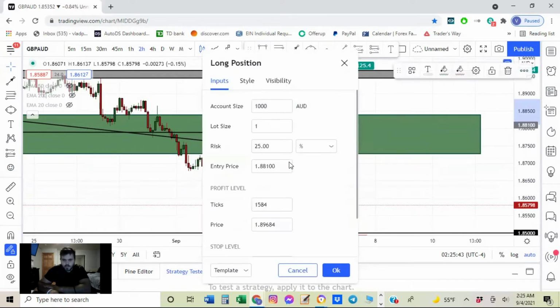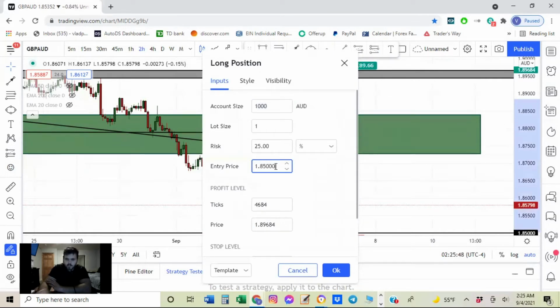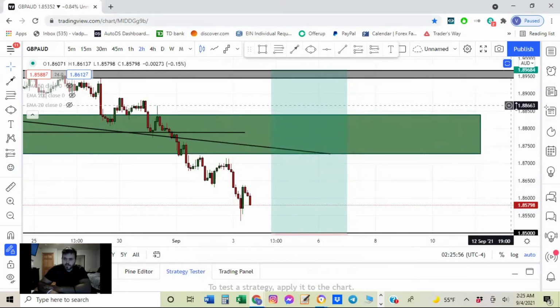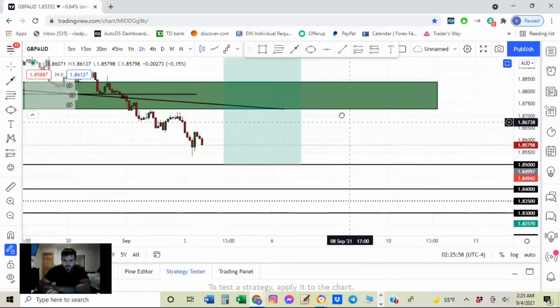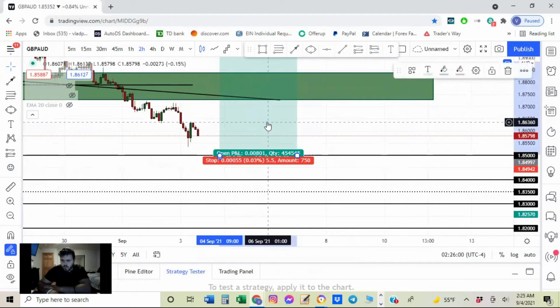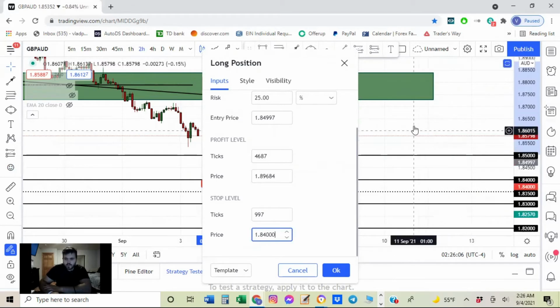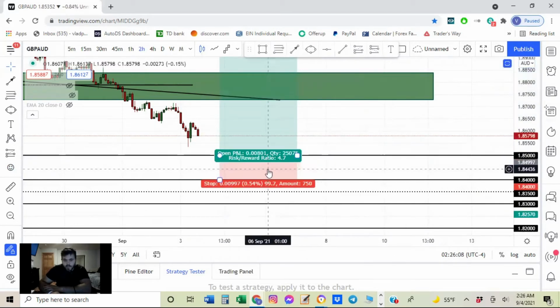Okay, now we can do that. 1.85. Okay, you can put exact numbers. You can put exact numbers for take profit and exact numbers for stop loss, so that your values right here, 1.84. Let me just do stop loss, 1.84. Perfect. So you can actually be very accurate.